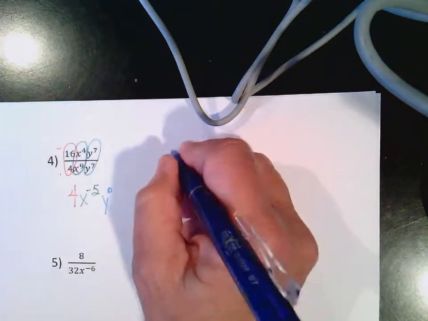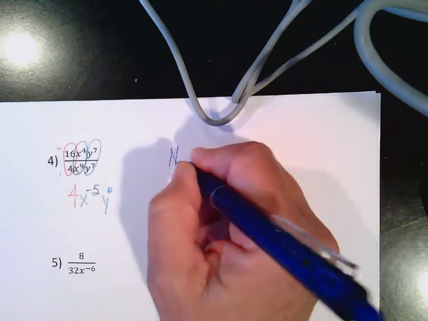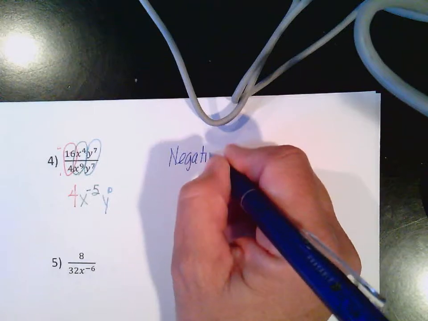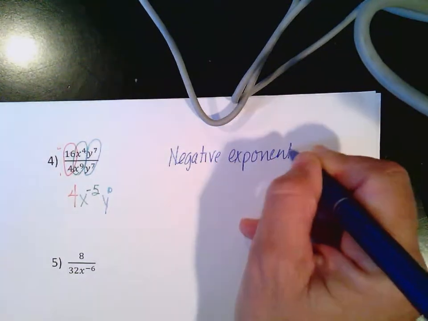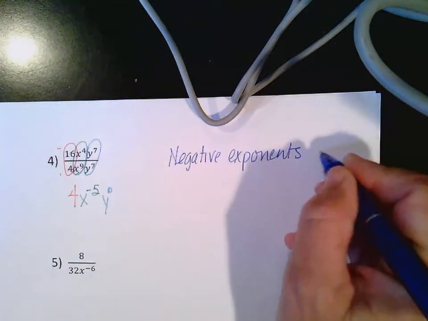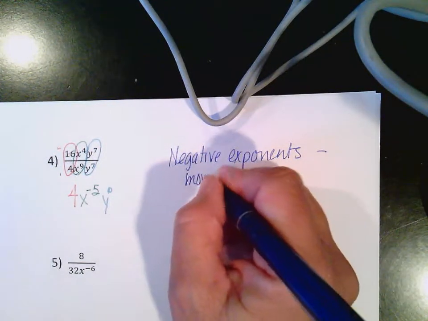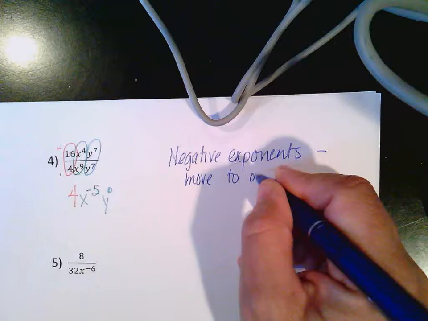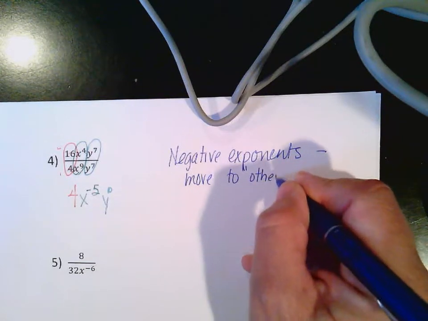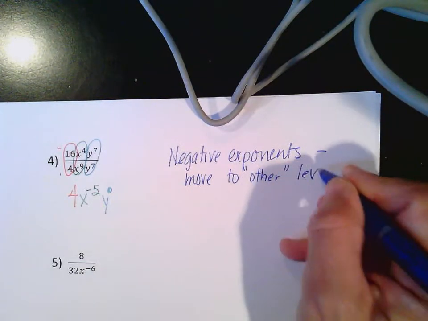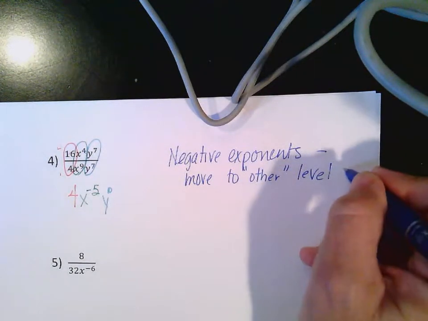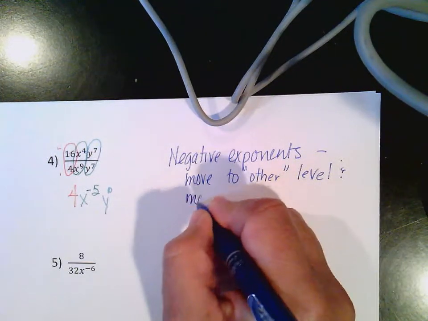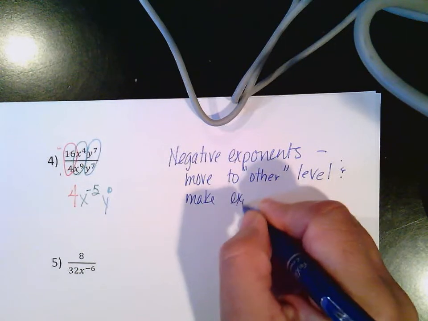Negative exponents: when we have a negative exponent, we move it to the other level. So if it's in the numerator, we put it in the denominator. If it's in the denominator, we move it up to the numerator, and you make the exponent positive.